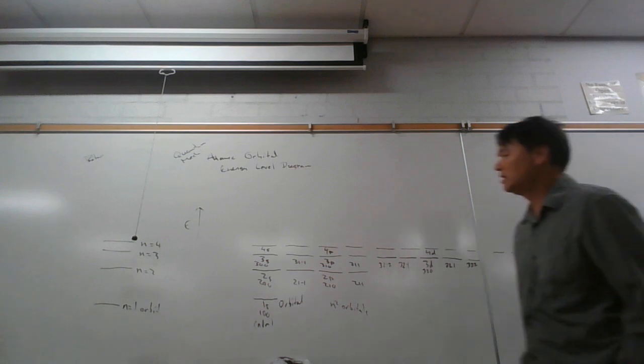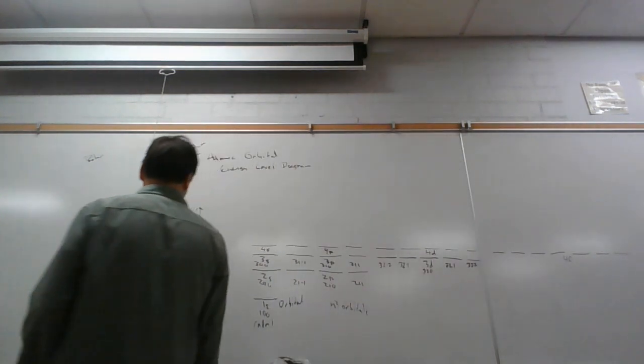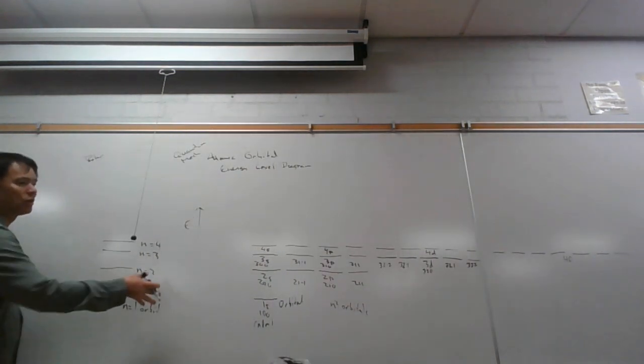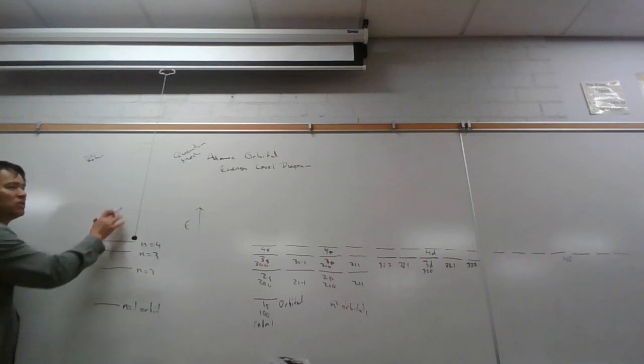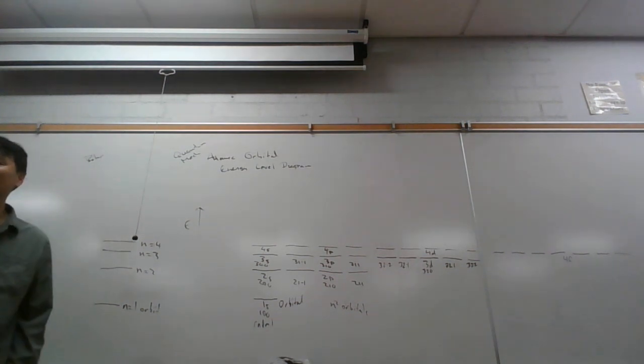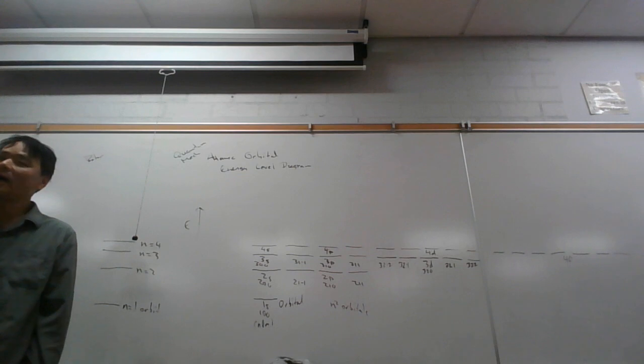We want to recognize a pattern, so that I don't have to draw out the whole thing. So let's say I'm going to jump to the n equals 15. Actually, let's do an easier one. Let's go to n equals 10. N equals 10 is going to have a total number of how many orbitals? 100 orbitals divided into how many subshells? 10.